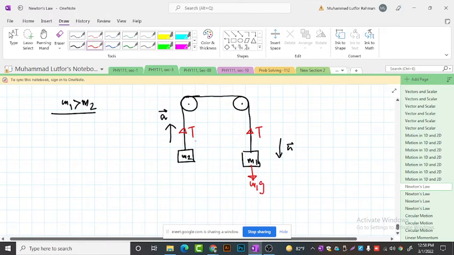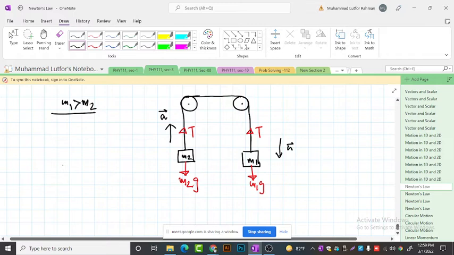If the string is different, then the tension would be different. Over here it should be M2G. So this is the free body diagram of the system. We are not concerned about the pulley, since it is frictionless and massless, so we neglect that part.